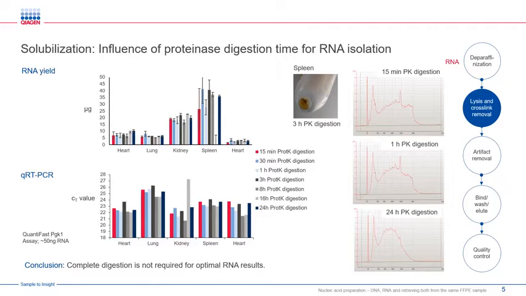On the other hand, looking at the bioanalyzer electropherograms on the right, after prolonged proteinase K treatment, 24 hours, you start actually seeing a negative effect on RNA integrity. So not only are 15 minutes sufficient, it's also better for your RNA quality.